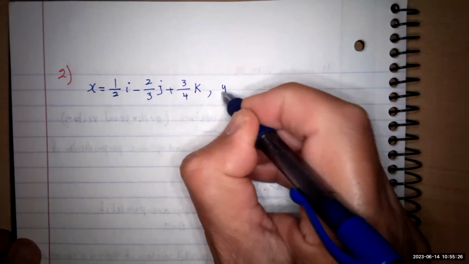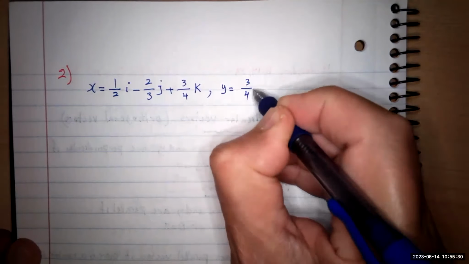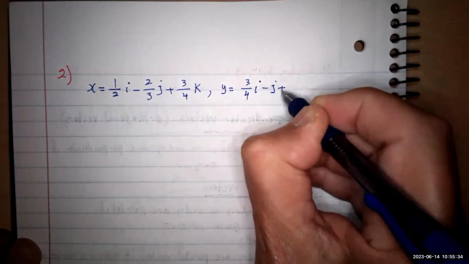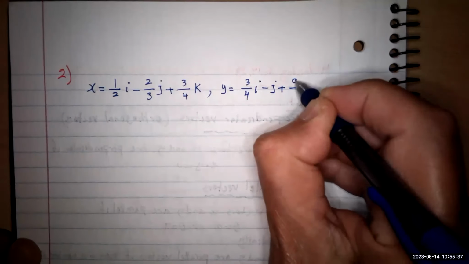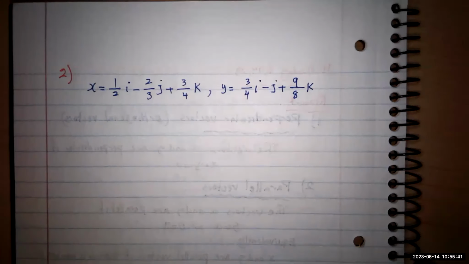That is one of them. And the other one is y is equal to 3/4 of i minus j plus 9/8 of k. That is going to be the case.